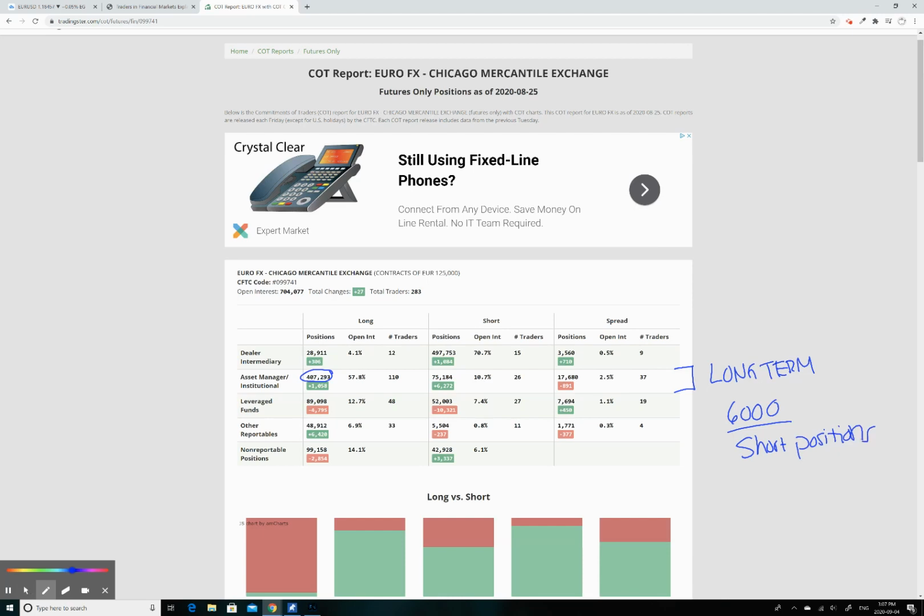I'm interested to see, I haven't looked at this one yet. They have 52,000 short positions open and significantly more long positions open. That makes sense. But they're taking away a lot of their short positions.